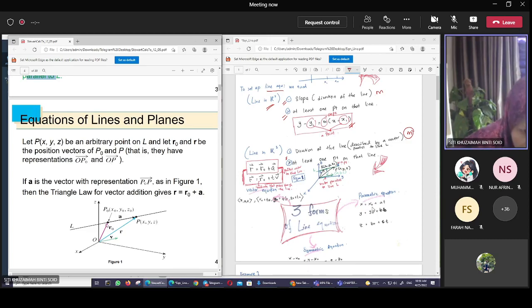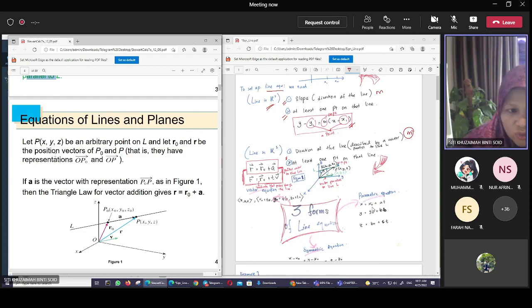We learned before that to get a vector, we take the terminal minus the initial. Since this is a position vector, it means x0 minus 0, y0 minus 0 and z0 minus 0.